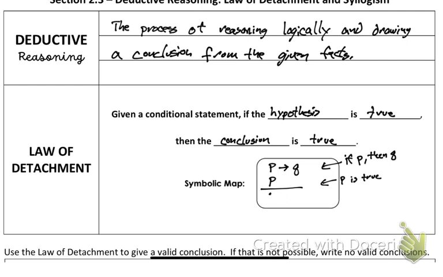Now we're going to add a new mathematical symbol for you guys. You see those three dots that make a triangle? In math, that stands for therefore. Q happens.